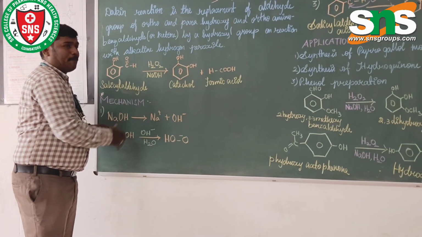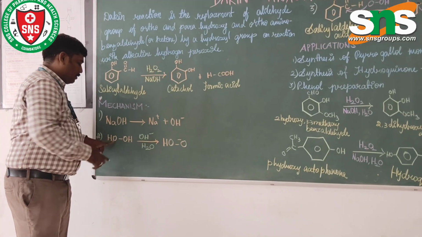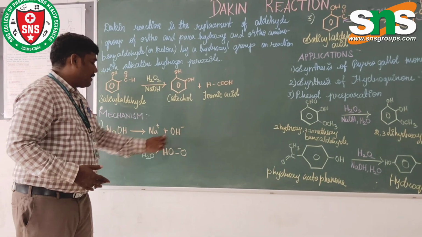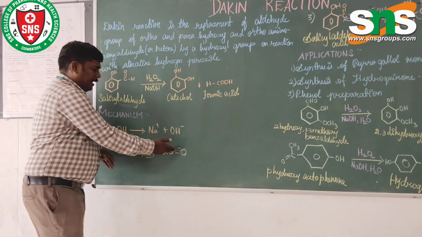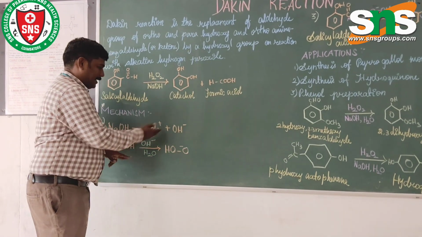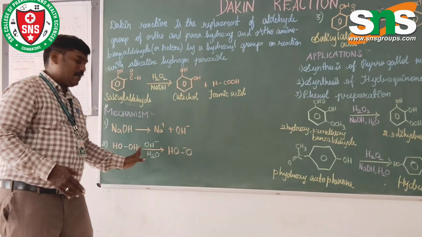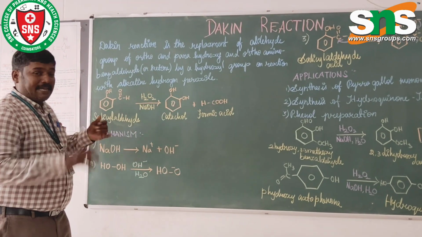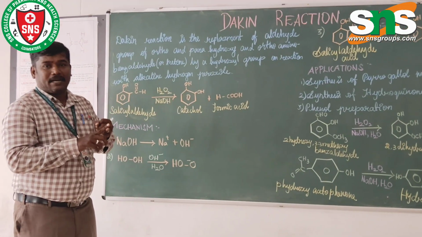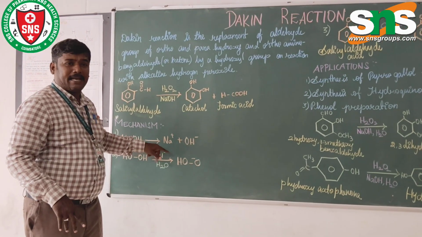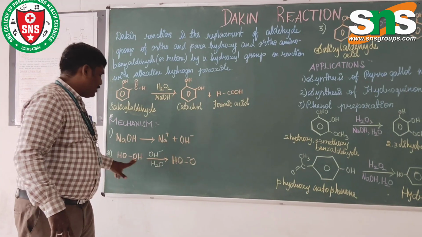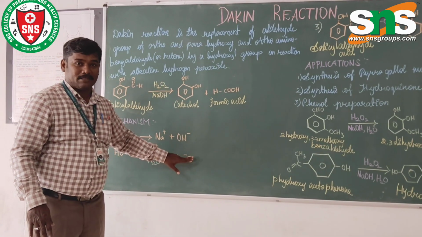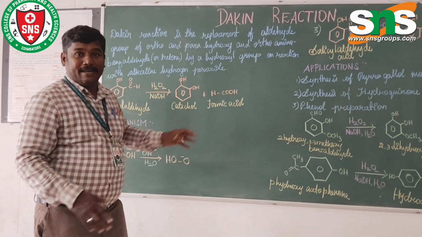Similarly, hydrogen peroxide, H₂O₂, in the presence of this base will be converted into OOH−, that is, one hydrogen is removed and eliminated as a water molecule. So sodium hydroxide gives Na+ and OH−, and hydrogen peroxide gives OOH−, which is an anion.